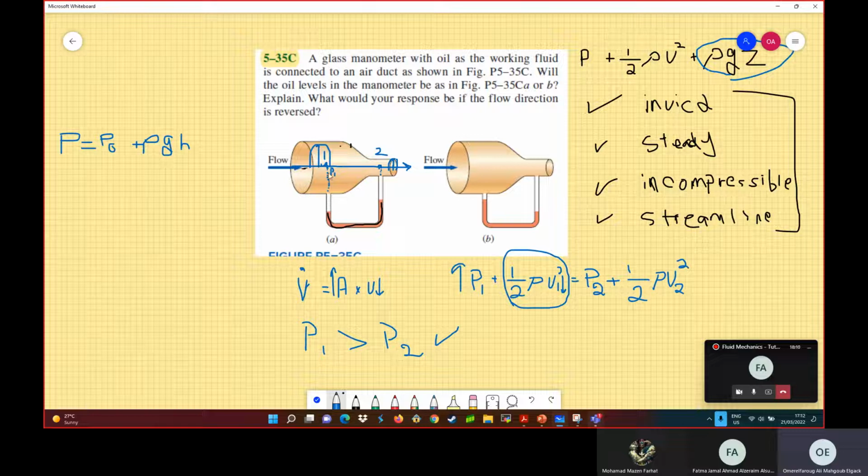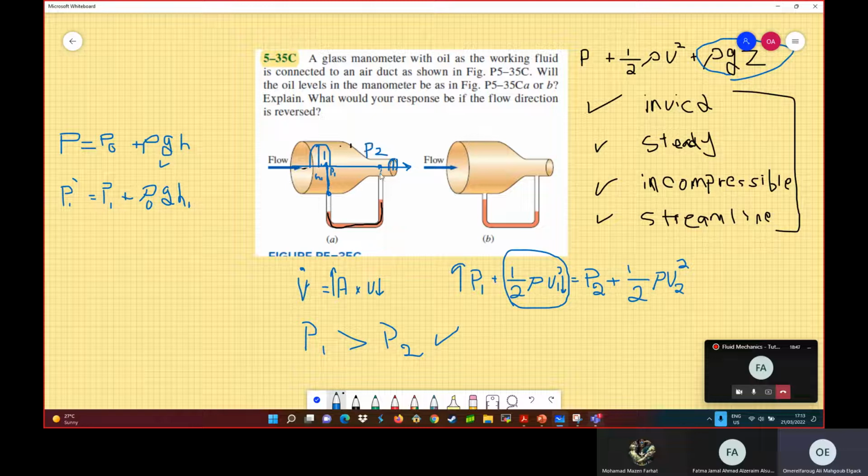Because I'm going down, I'm adding more weight of the fluid, then I will add rho g h. I will add the rho of the oil, the fluid here is oil, multiplied by g multiplied by this distance h. Okay, I will have the pressure here. Call it P1 star, okay? P1 star, which is equal to P1 plus rho of the oil, g h1. Okay, and here you have P2.